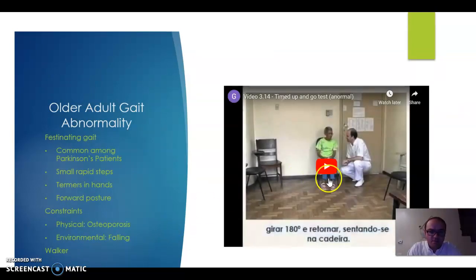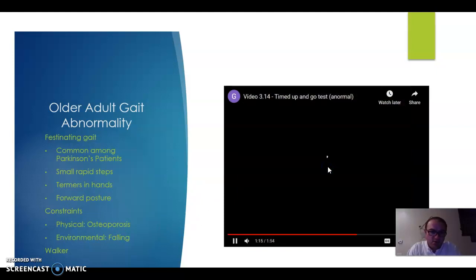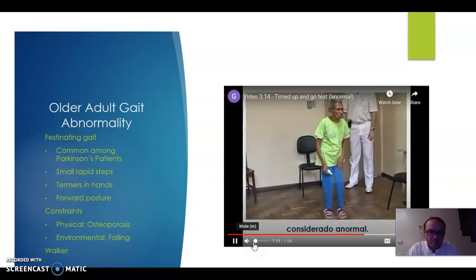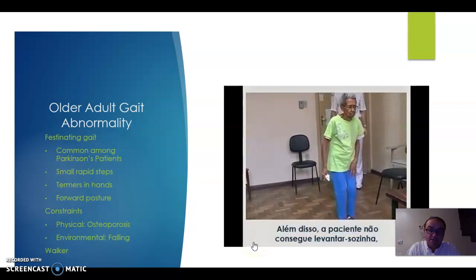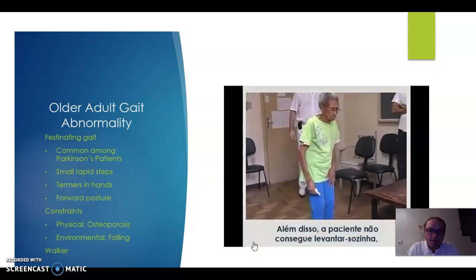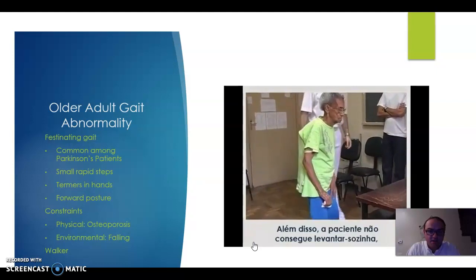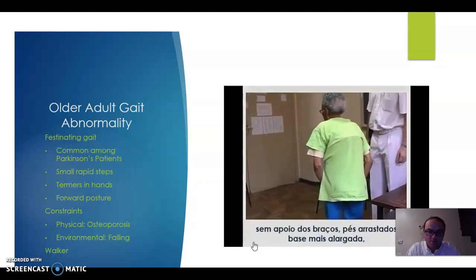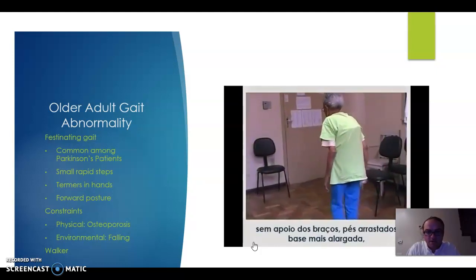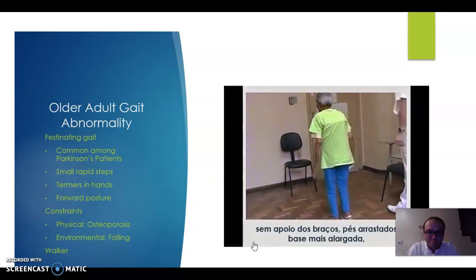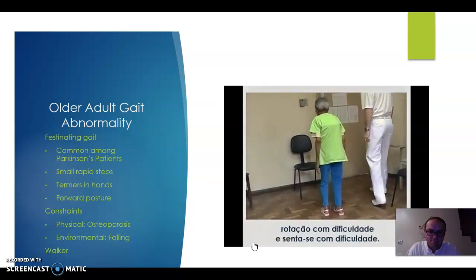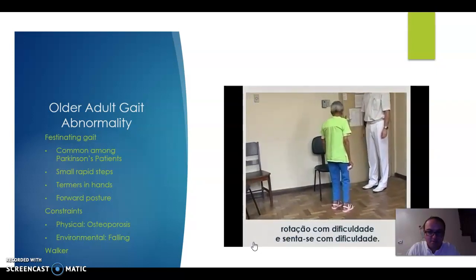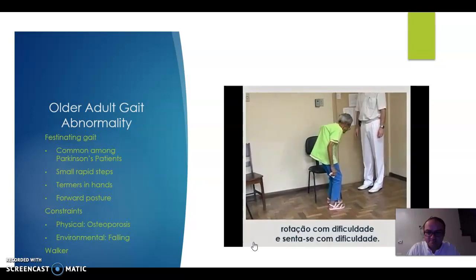So now in this video, this is an older woman, and because of her small steps, I came to the conclusion that she could have festinating gait or Parkinson's gait, because small, rapid steps are part of that particular abnormality.